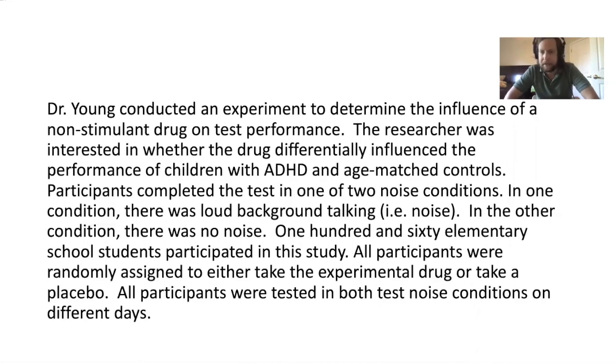So we have one within subjects factor and two between subjects factors. By the way, the dependent variable is test performance once again, or test score. So we have three factors. One is within subjects, two are between subjects. So what type of hypothesis test would be used to compare the means of these three factors?